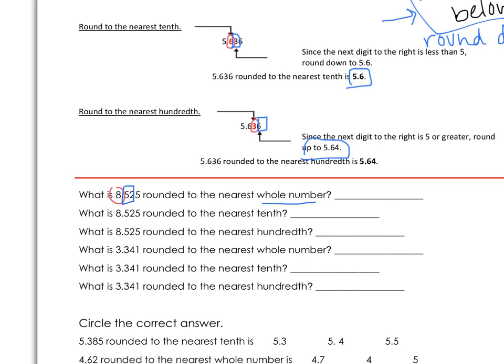Since that is 5 and above, we know we are going to round up. So we need to do the nearest whole number, so we are going to round this up to 9.